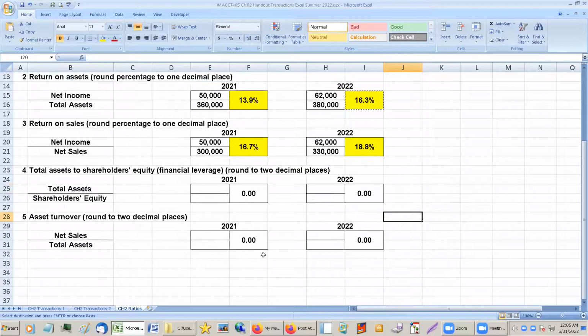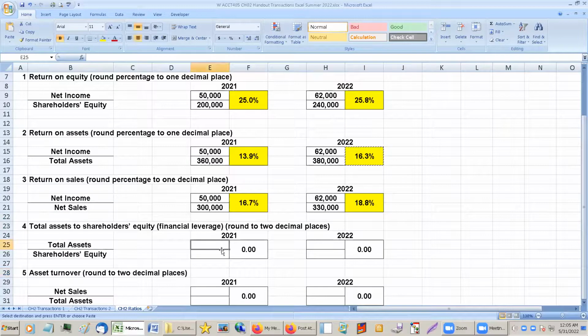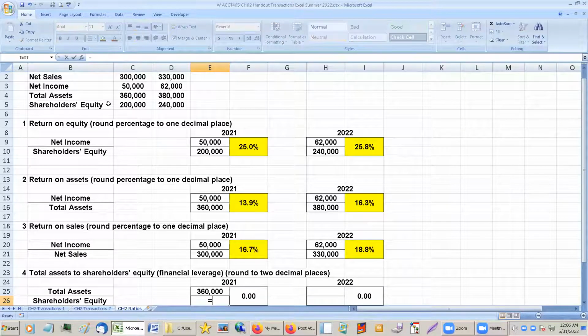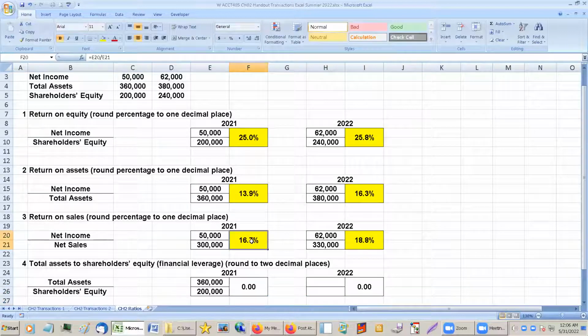Oh, there's only 4, there's 5 here. Okay, assets to shareholders' equity. It's not a ratio. This one I don't think is a percentage. Just going to do it.